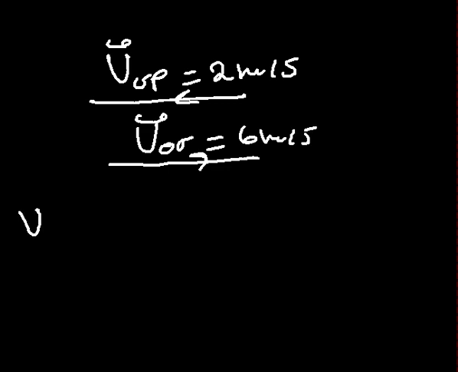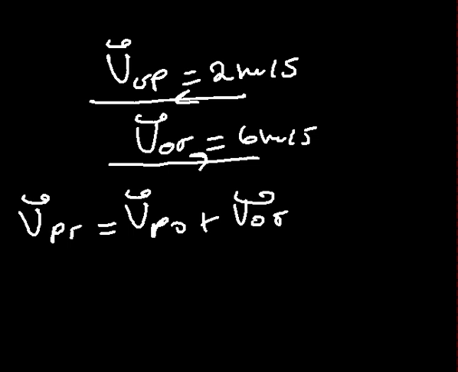So what is the Vpr if this is the case? So Vpr will be given as Vpo plus Vor, somewhere like that. And what is the Vpo?